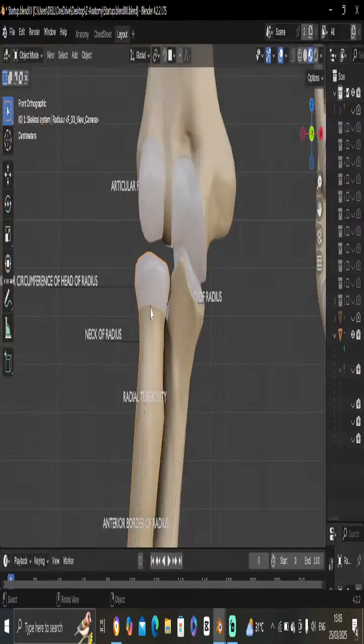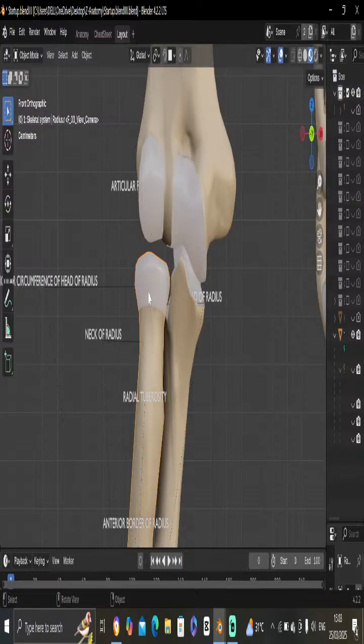This is the head of the radius, which articulates with the capitulum and also articulates with the ulna. Apart from articulating with the capitulum, it also articulates with the ulna at this point. This point is the proximal radio-ulnar joint.